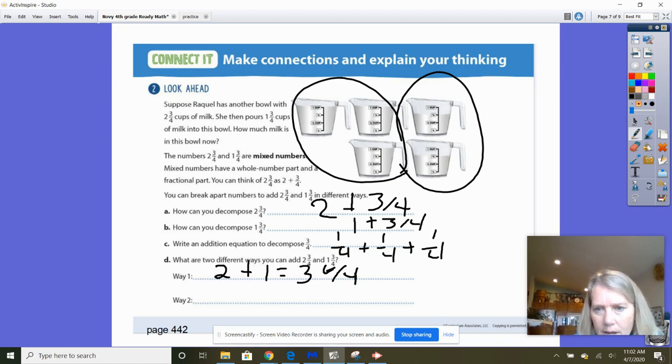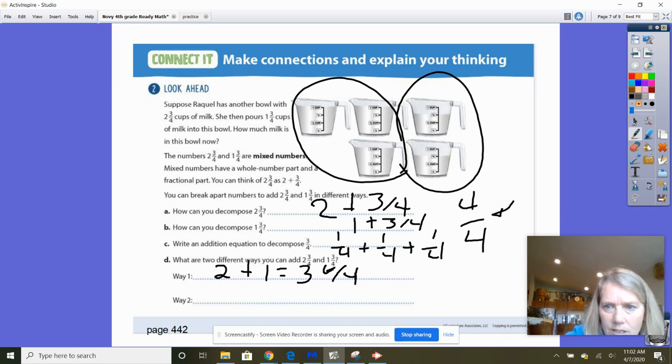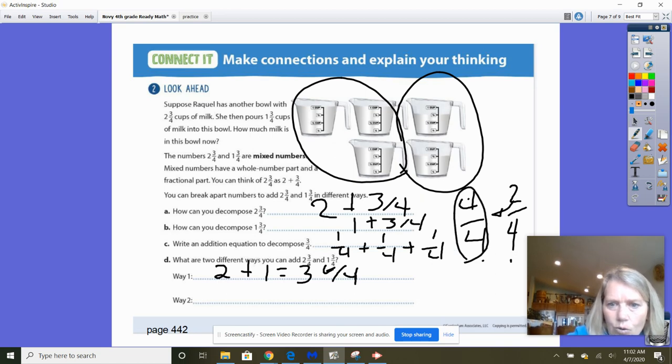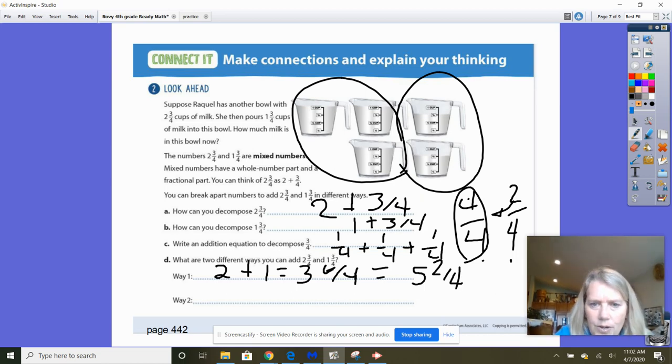And then we want to probably modify that 6/4, because 6/4 is 4/4 plus 2/4. So that's going to be another whole. So you're going to get 5 2/4. So that's one way to do it. Put the wholes together and then put the others together.